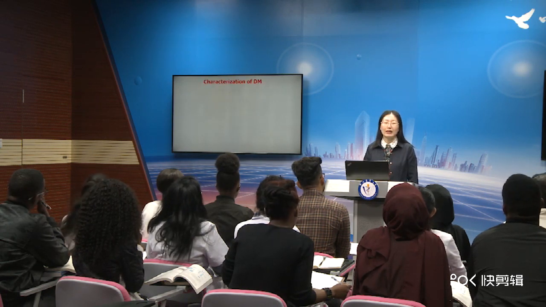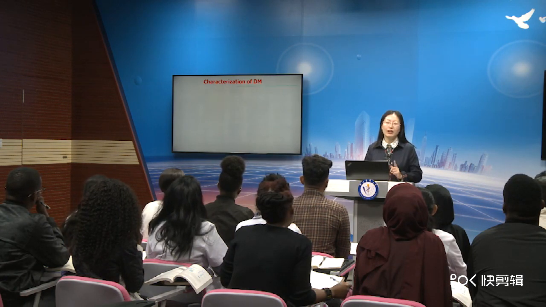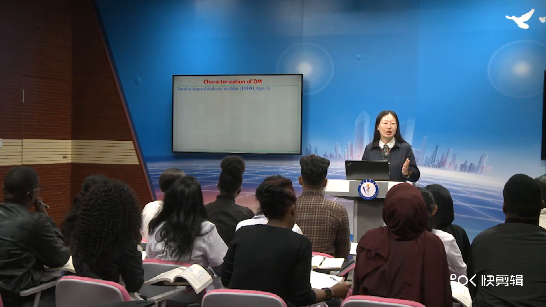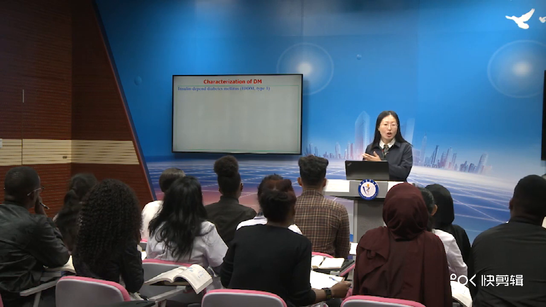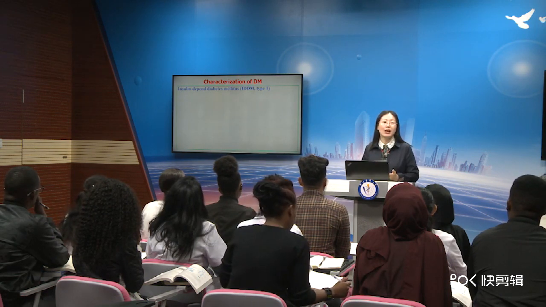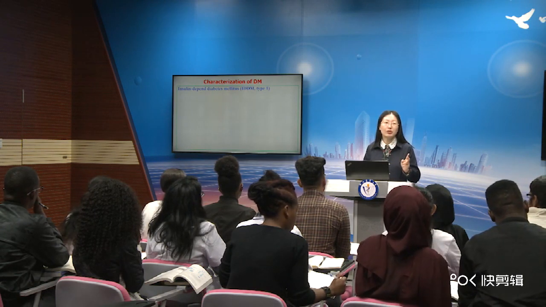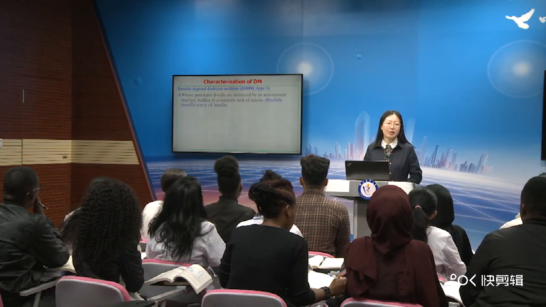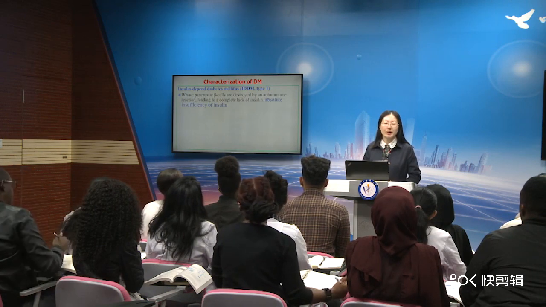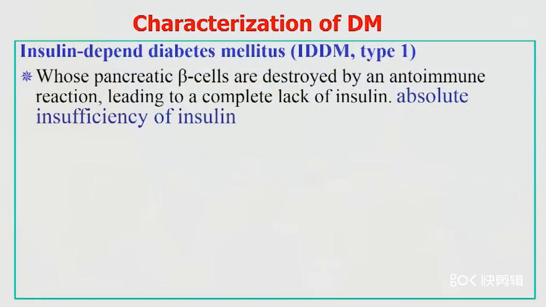So we divide diabetes mellitus patients into two broad categories. The first kind is few patients, about 5 to 10% of diabetes mellitus patients. We call them insulin-dependent diabetes mellitus, IDDM, the first type. For these patients, the pancreatic beta cells are destroyed by an autoimmune reaction, leading to a complete lack of insulin.